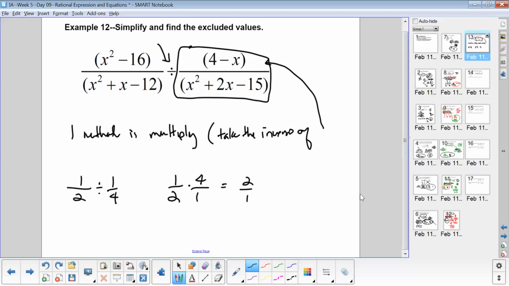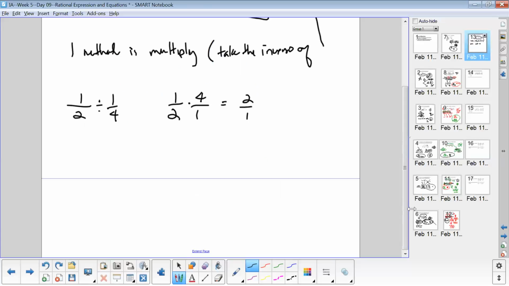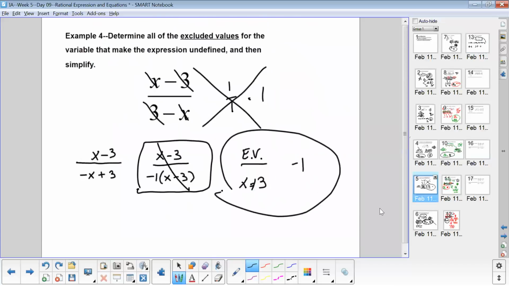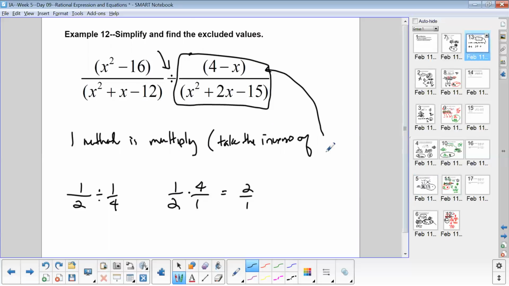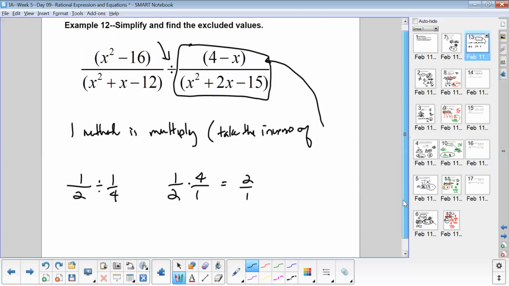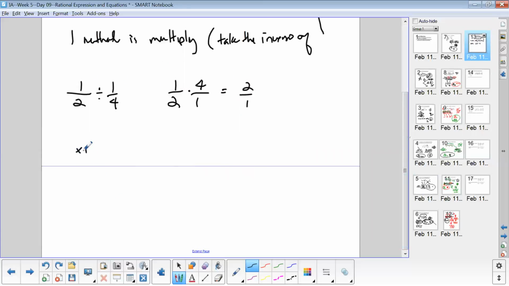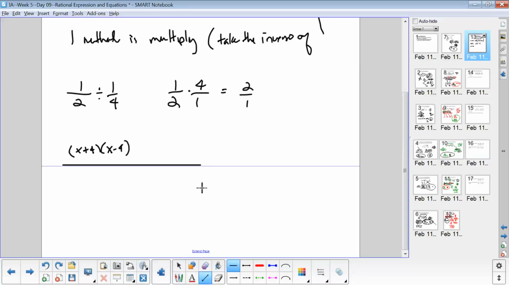So I get x squared minus 16, and that will factor. Here we go. So x squared minus 16, that's a difference of squares. So that would be x plus 4, x minus 4. And what else do we have?